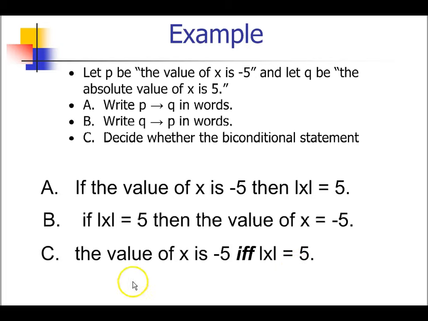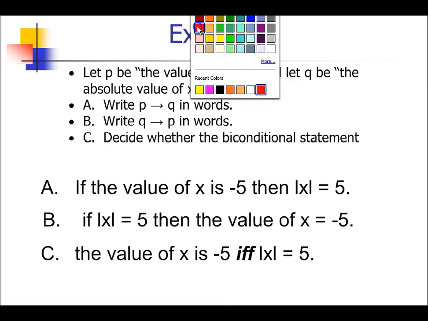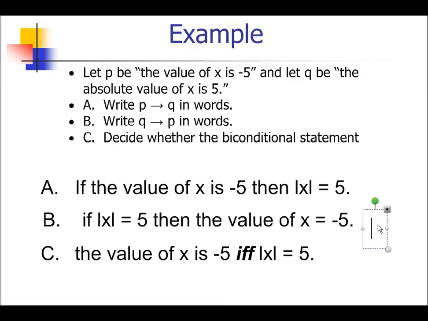Is that a true statement and a true biconditional? Well, no. Since the B part, if the absolute value of x is 5, then the value of x is -5, is a false statement. And its counterexample would be, how about x equals +5?